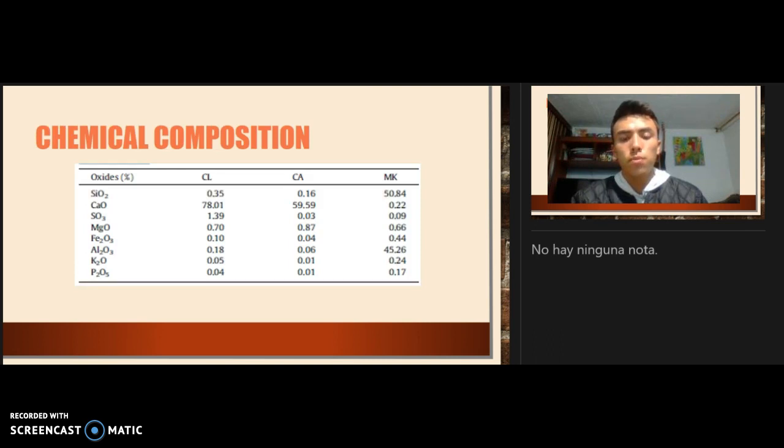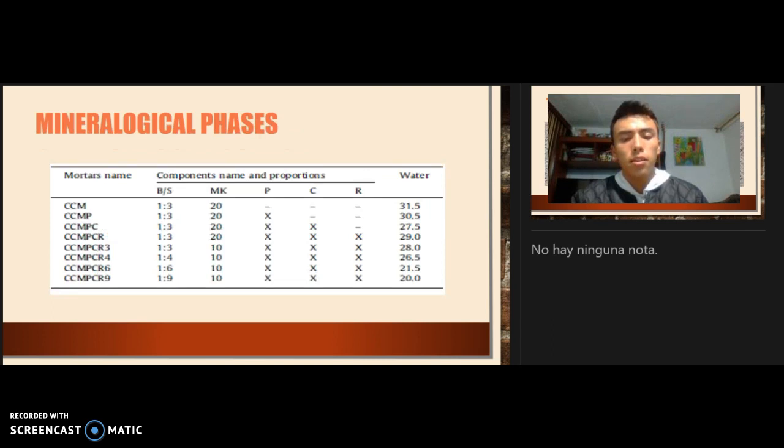Chemical composition. In this table, we can observe the percentage of oxides in the calcitic lime, calcareous aggregate, and metakaolin. Mineralogical phase.